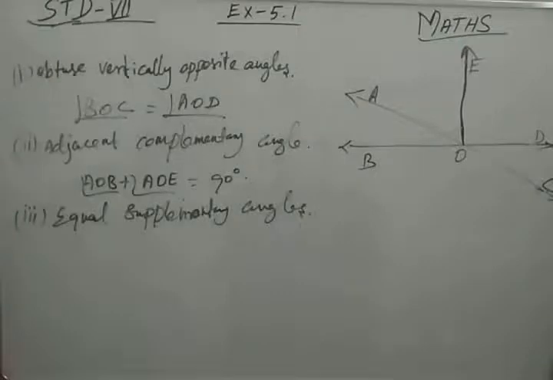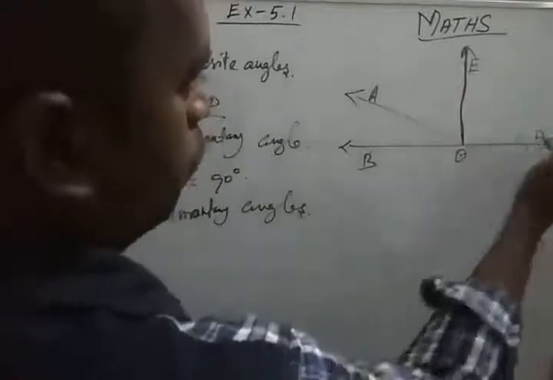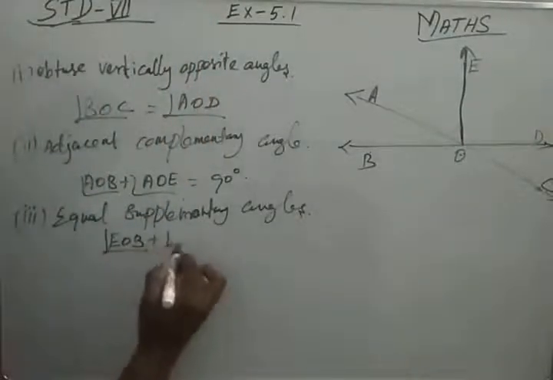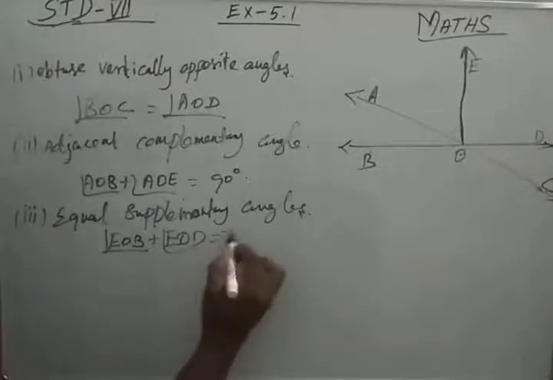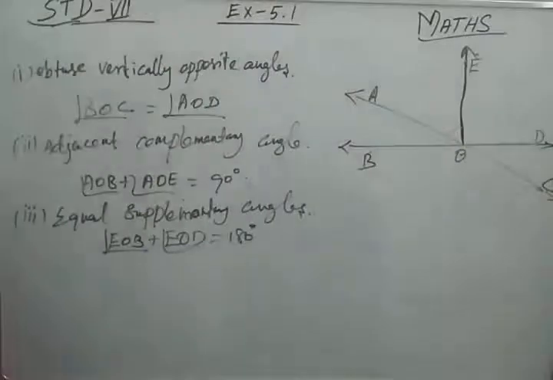When we are going for the equal supplementary angles, we have to take EOB and EOD. EOB plus EOD is equal to 180 degrees. Yes or no? EOB, EOD, both are giving 90 degrees. So equal supplementary angles.